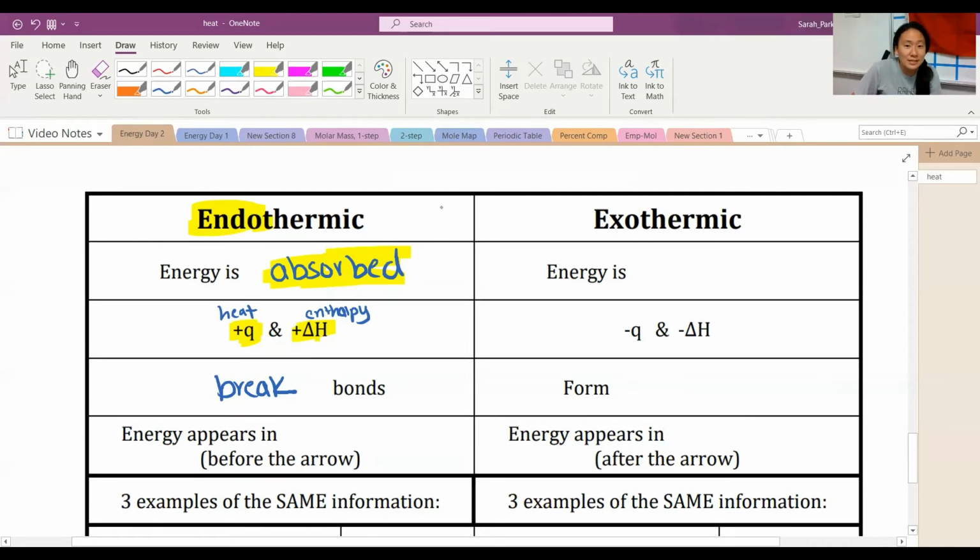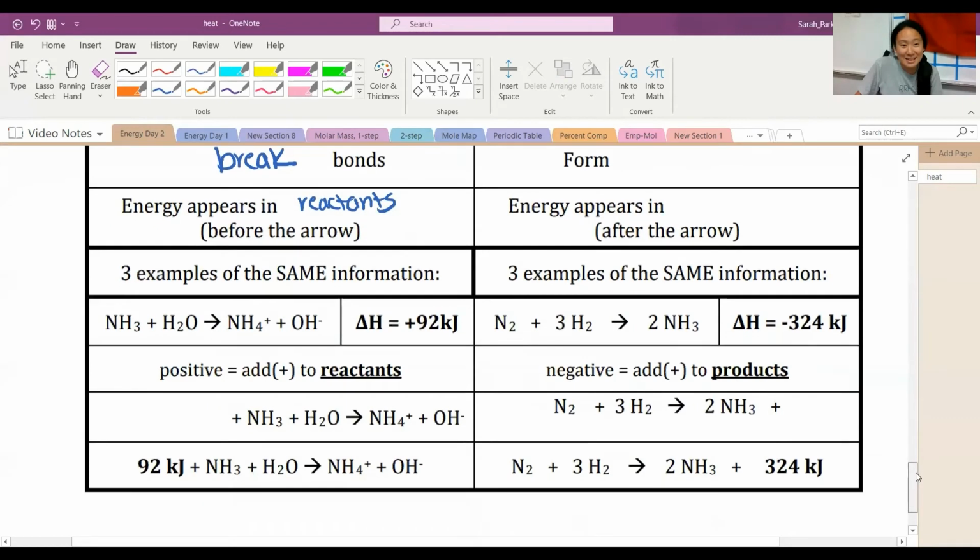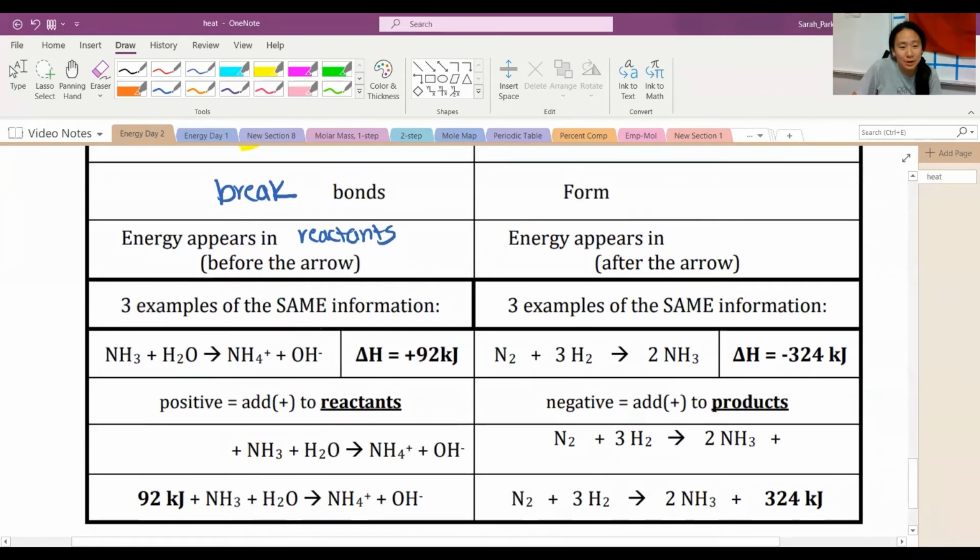If you were to write this in a chemical reaction, the energy will show up in the reactants, which is before the arrow. This means you need that energy before you can actually make anything. For example, here, it tells us that delta H, enthalpy, is a positive 92.